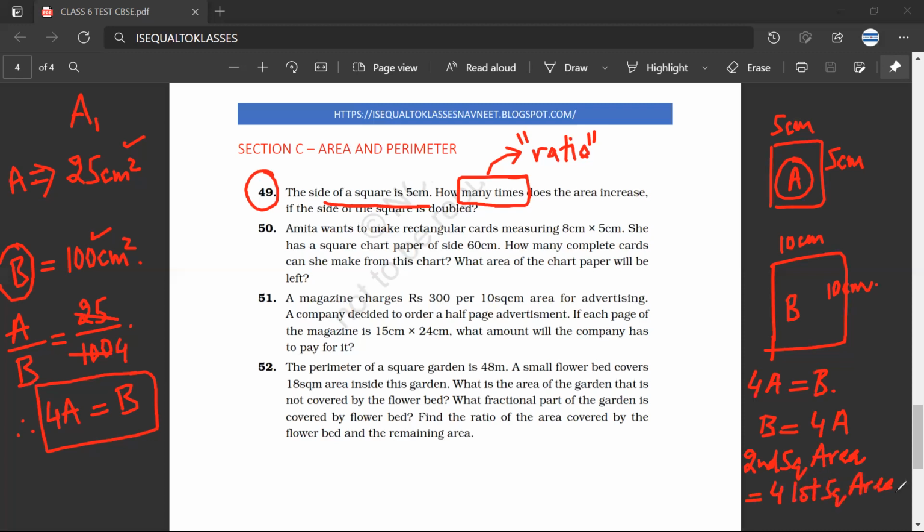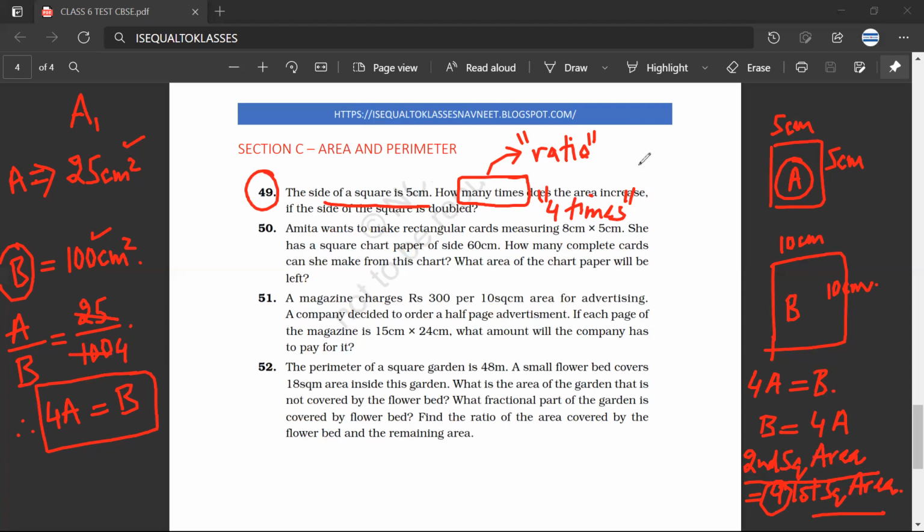So basically, the second area is 4 times the first area. So the increase of area is 4 times. Sarthak, any doubt? No, sir. Satya, any doubt?